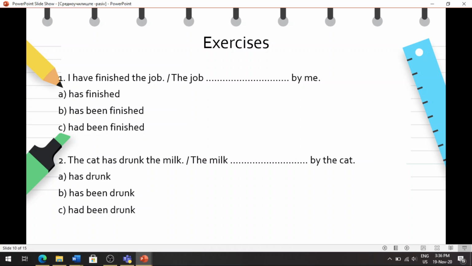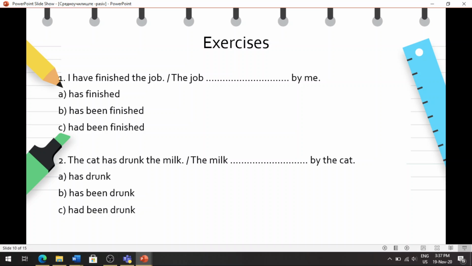And the second exercise, which you're going to see a few minutes later, is in future simple tense. In this first exercise, we have a sentence in active voice, and by choosing A, B, or C, we have to transform the same sentence into passive voice.